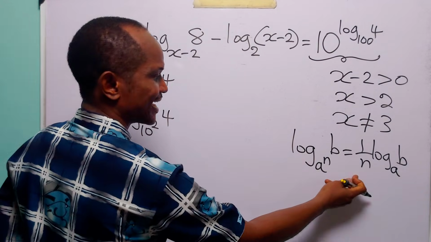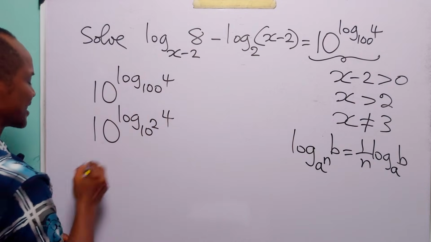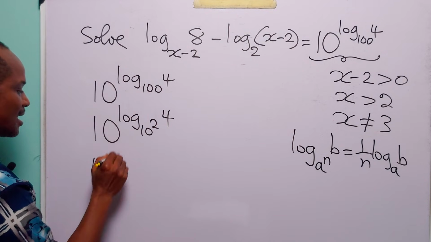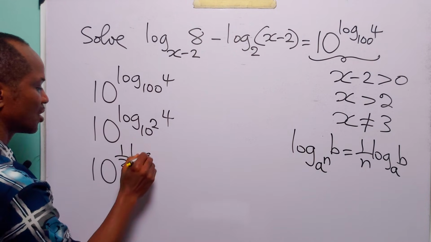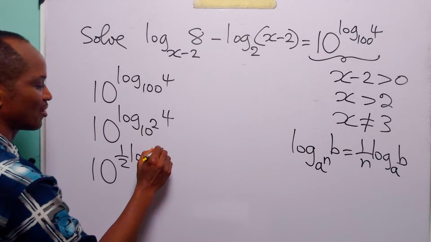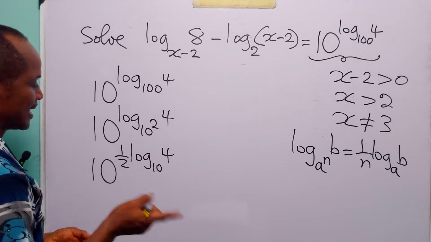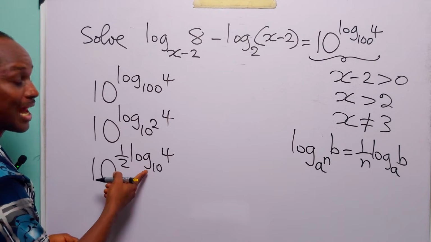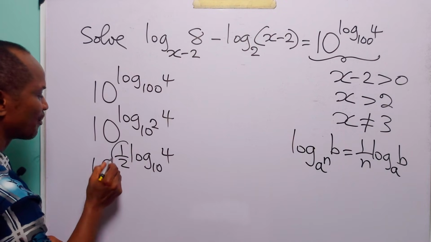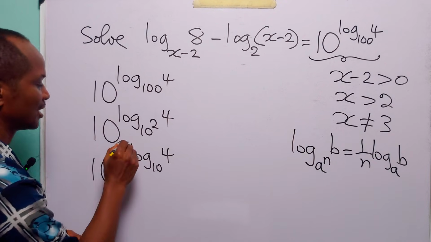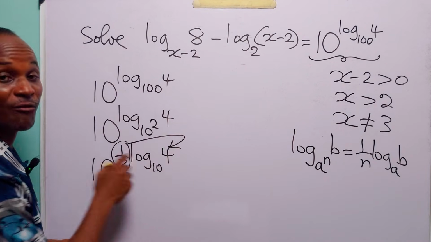Now, according to this identity, we can write this exponent as half, that is 1 over 2 times log to base 10 of 4. The next thing we are going to do is apply the power rule of logarithms to this exponent. We are going to take up half, the multiplier, to become the exponent of 4.